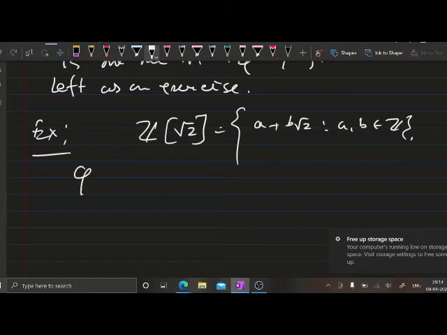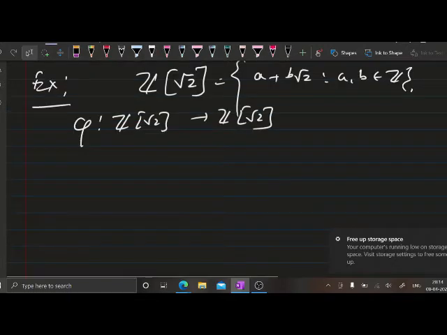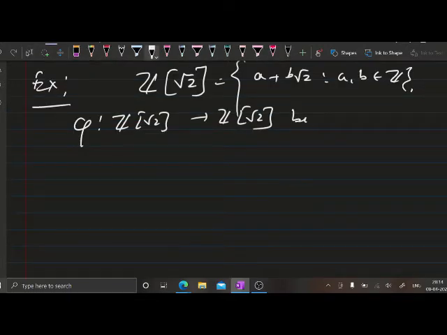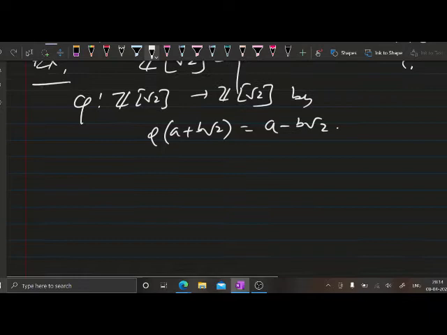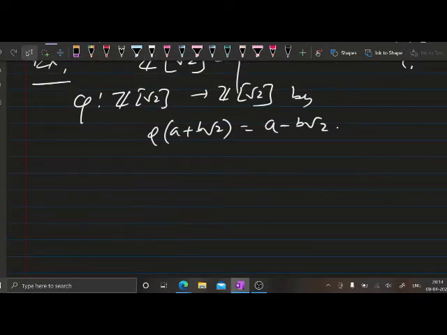Then you can define a map from Z root 2 by this rule. Just check that it will be a ring homomorphism from Z root 2 onto Z root 2. That is, it is a ring epimorphism.